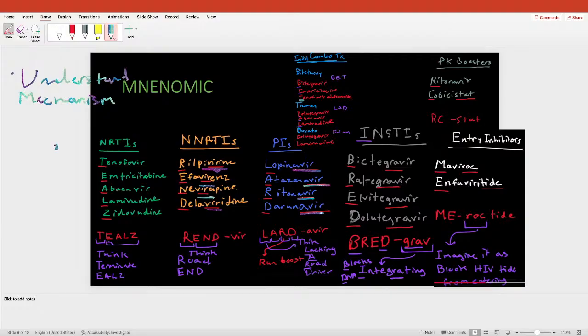Also, what is one thing about abacavir that's different? Remember I talked about a genetic test, HLA-B 5701, remember? So definitely make that note so you guys can review it.